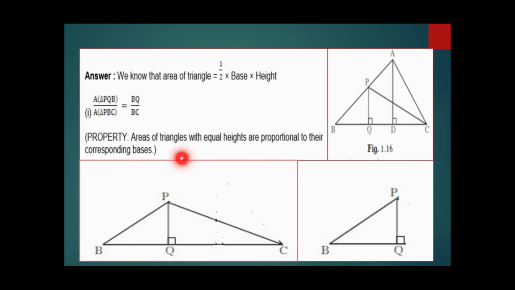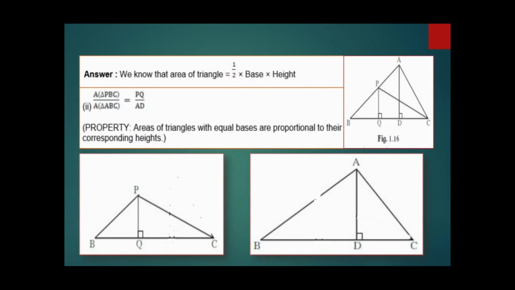So that means we have to find the ratios of area which is equals to the ratio of bases because height is same. So area of triangle PQB upon area of triangle PBC equals to, so in first triangle base is BQ, so we write here BQ. In second triangle base is BC, so we write upon BC. Therefore required answer is BQ upon BC.